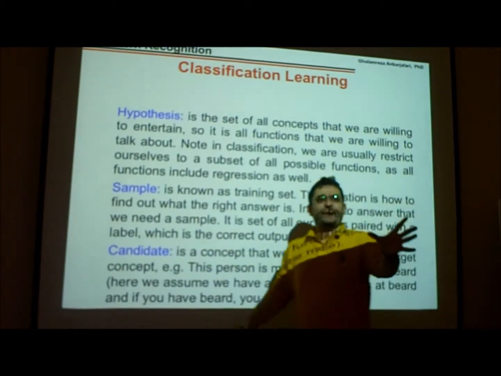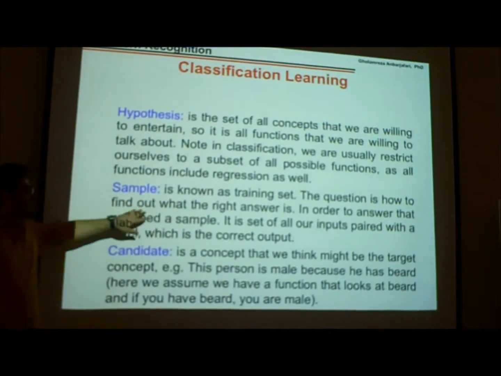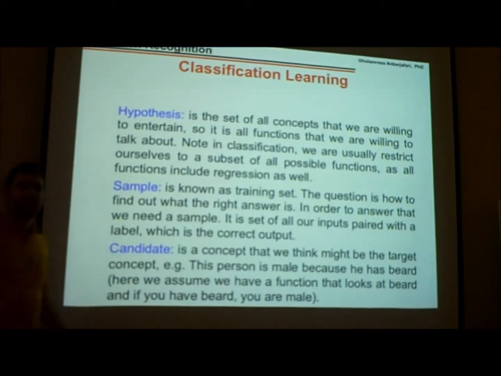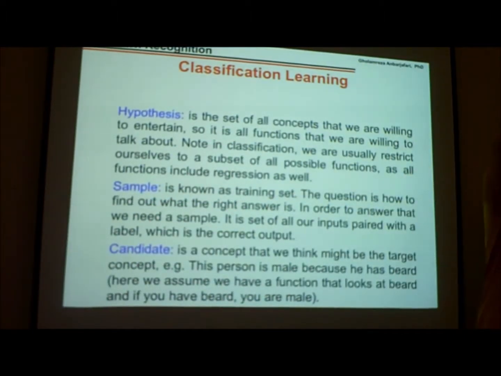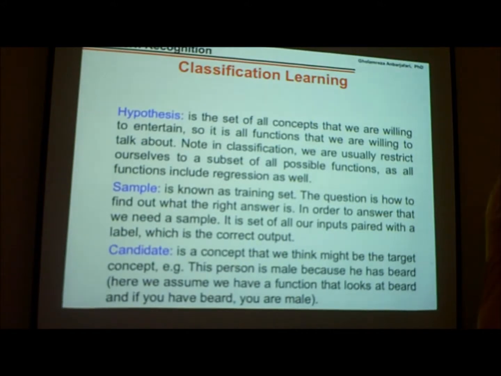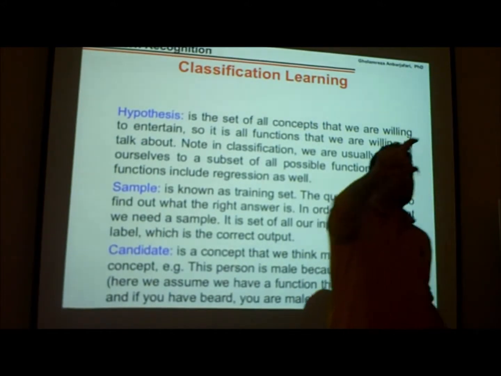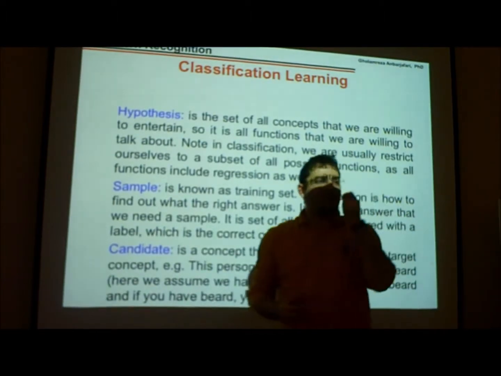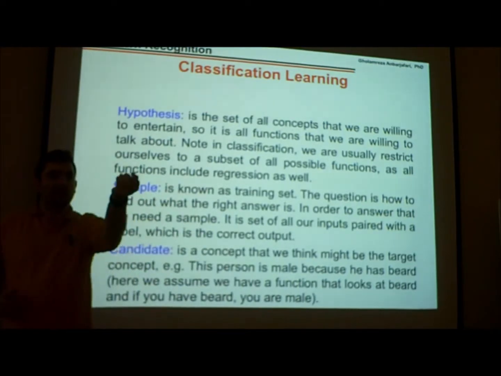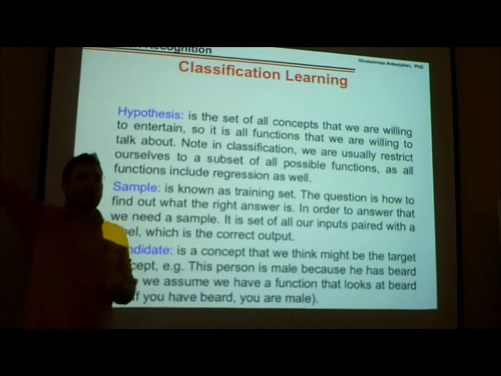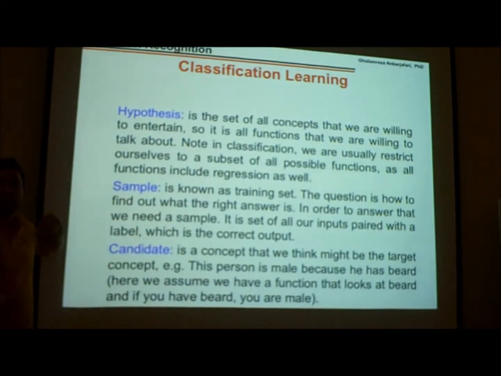They are well-labeled input data. We call it labeled in the sense that we know what the right answer is. If I make a face recognition system and use your faces as a training set, I know that this picture is Eric or this picture is Kurt. So if I give Kurt into the system, I know what it has to do. I'm telling it, look at this one, this is called Kurt. Look at this one, this is called Eric, and so on. So these are called the samples or the training set.